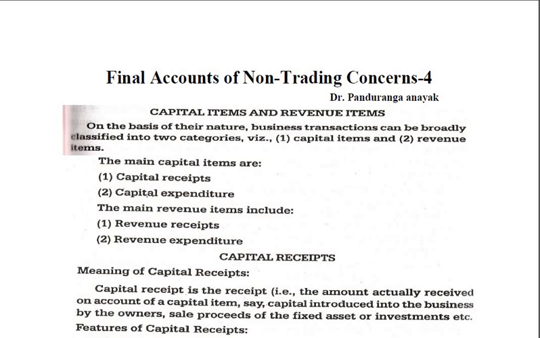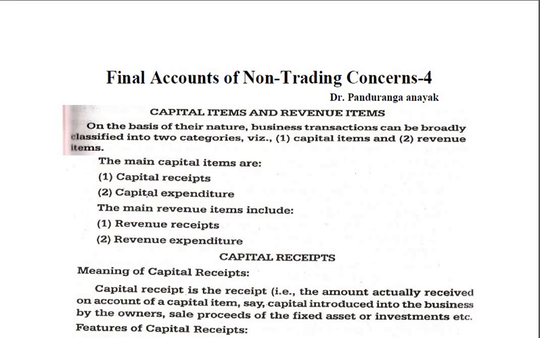If proper distinction is not made between capital items and revenue items, then the surplus shown by the income and expenditure account will not be proper. Similarly, the balance sheet of the non-trading concern will not reflect the correct financial position of the non-trading concern.